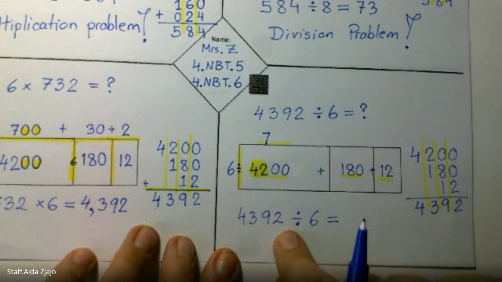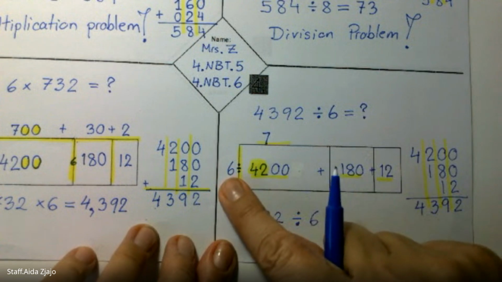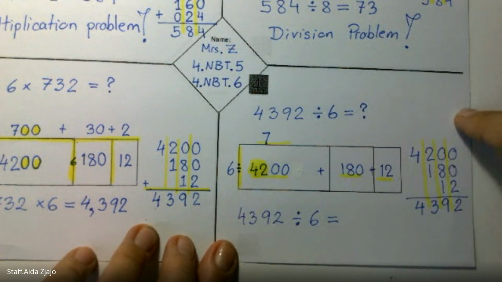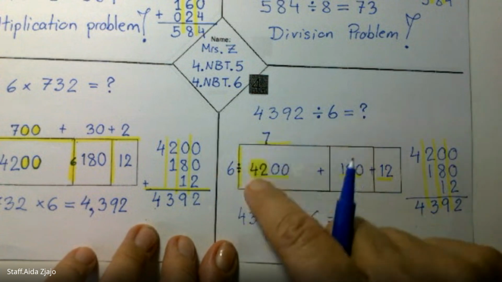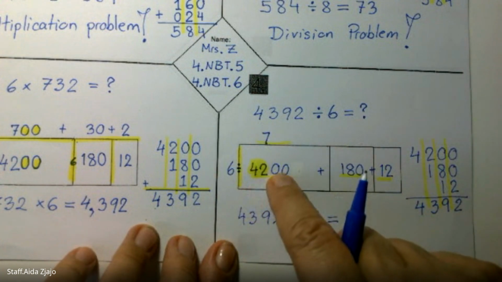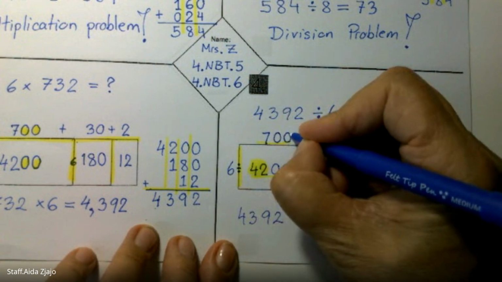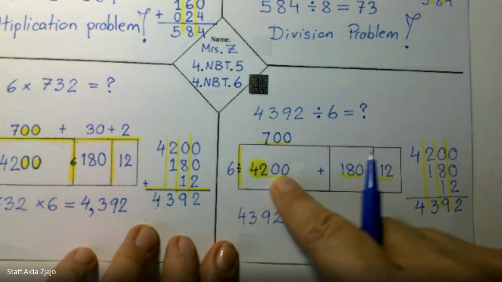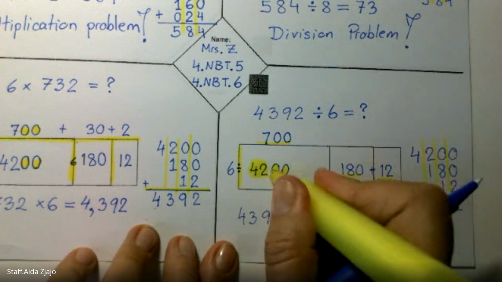But if we don't know, guys, the solution is to ask how many 6s are in 42. You can add 6 plus 6 plus 6 until you reach 42, and there are 7 sixes in 42. But this represents the 100, so this is really 6 times 700 is 4,200.